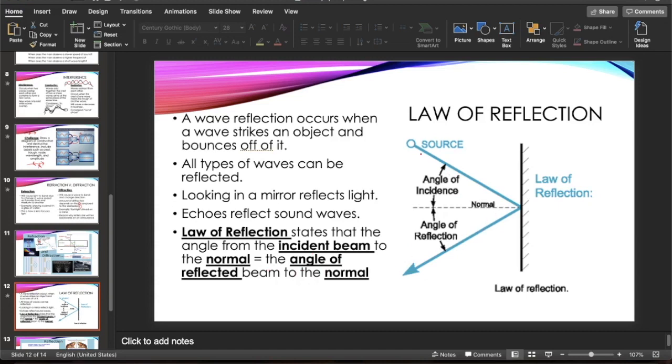So your source goes to the object, and then your normal, and then that object is going to reflect back. The angle reflected, and you still have the normal in the same spot.